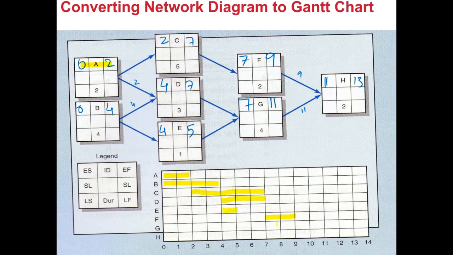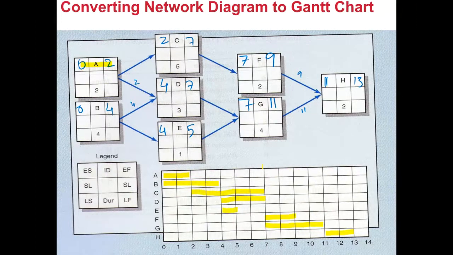Activity G is starting after D and E, and it's a 4-week activity. And the last activity is activity H, so we are completing this project, and this bar chart indicates when various subcontractors will turn up on site.